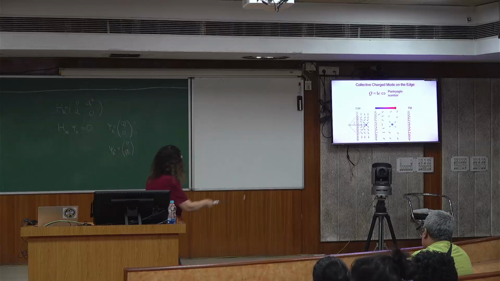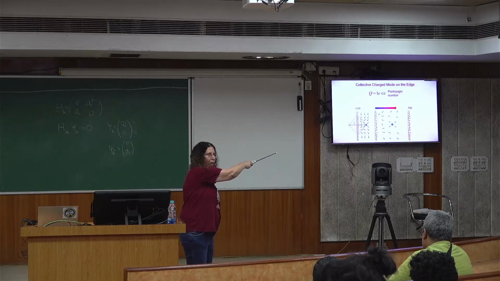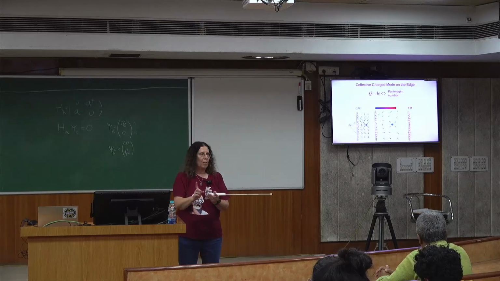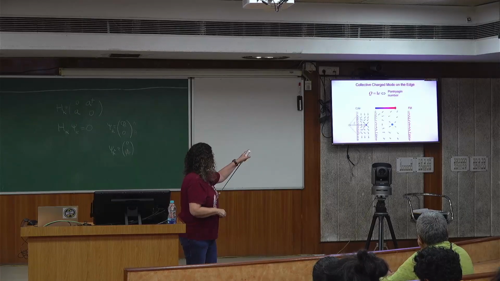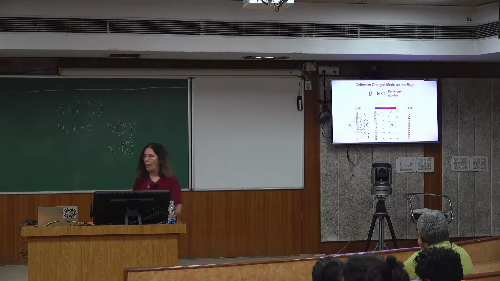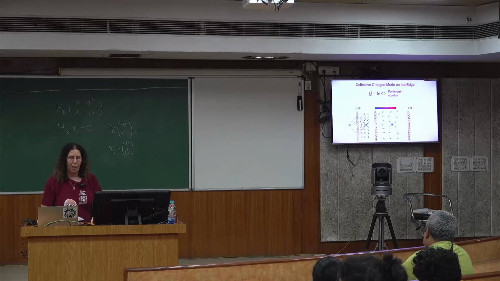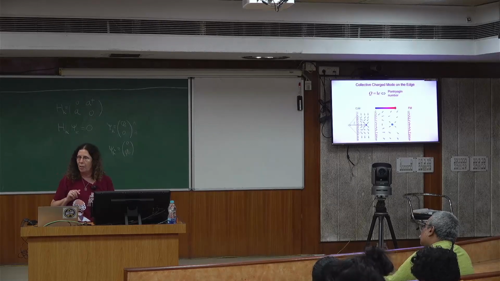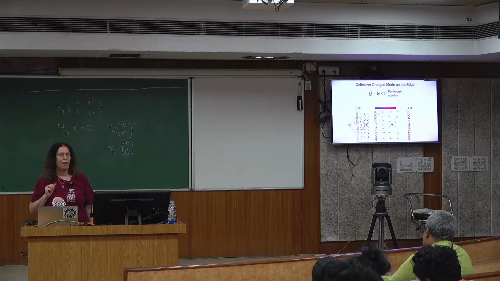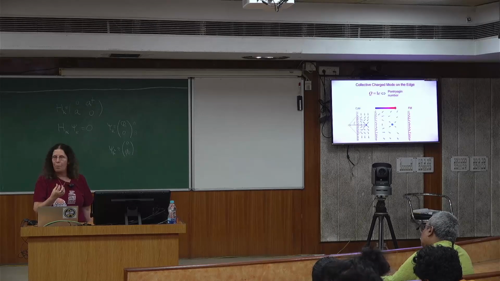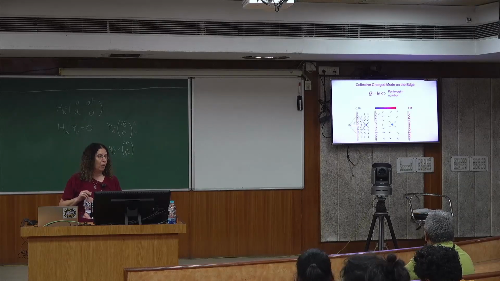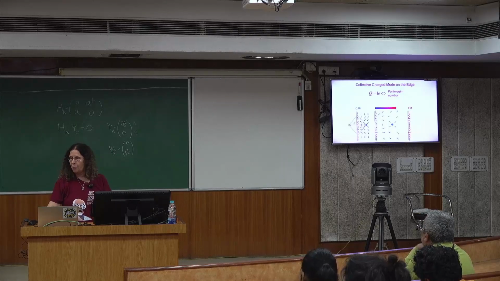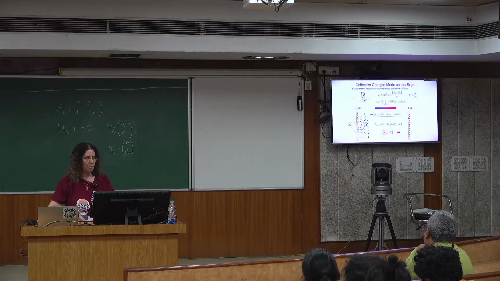To create the edge mode in the canted antiferromagnet, you need to pay some finite stiffness energy in order to create this meron. As a result, there is an energy gap of the edge state. The edge state in the canted antiferromagnet is gapped, and the value of the gap is related to magnetic stiffness. So you can find an expression for it in terms of the stiffness.